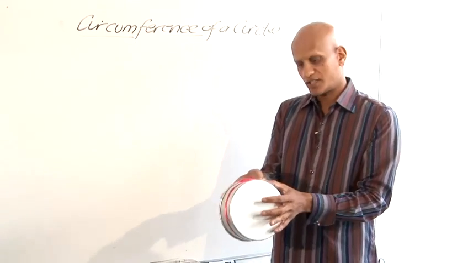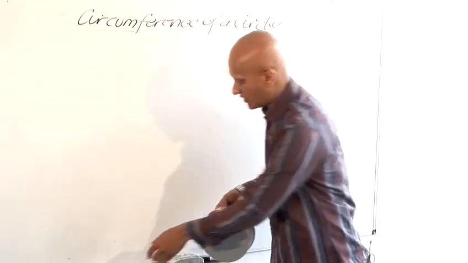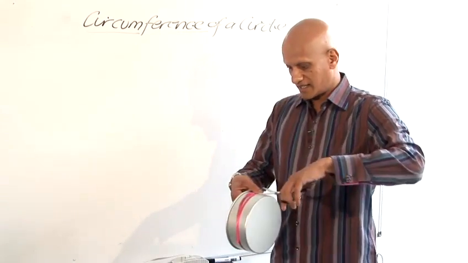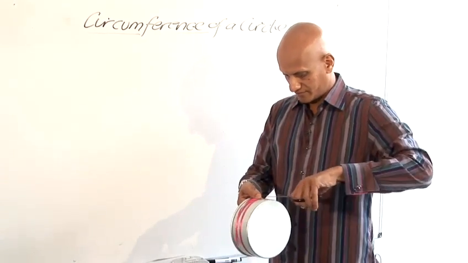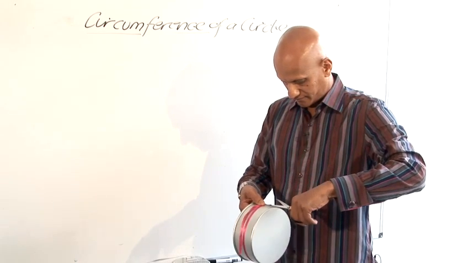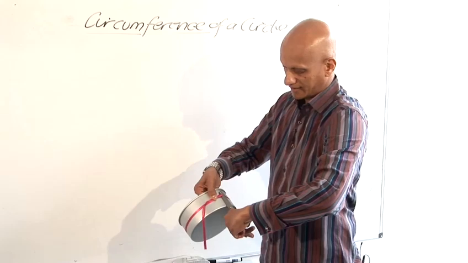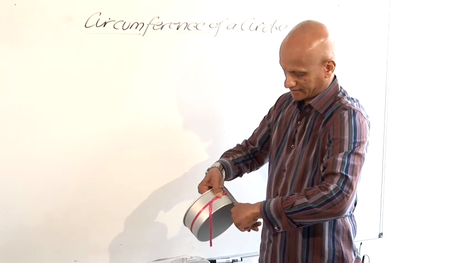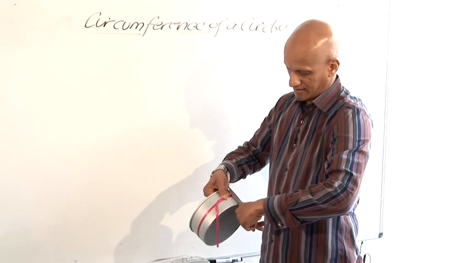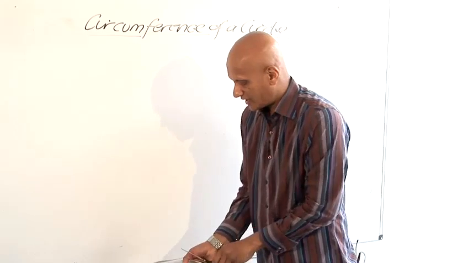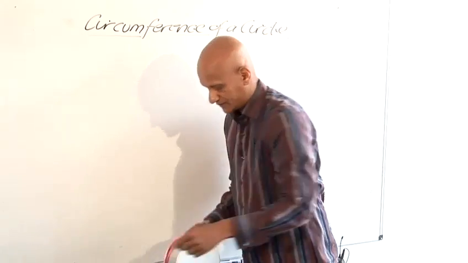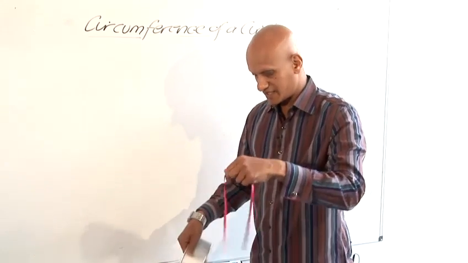The circumference of the circle is the length all the way around the outside of the circle. So if I put this ribbon around the outside of this circle and then cut it to the length of the circle, like that, so that I have a strip that is the same length as the circumference of the circle.